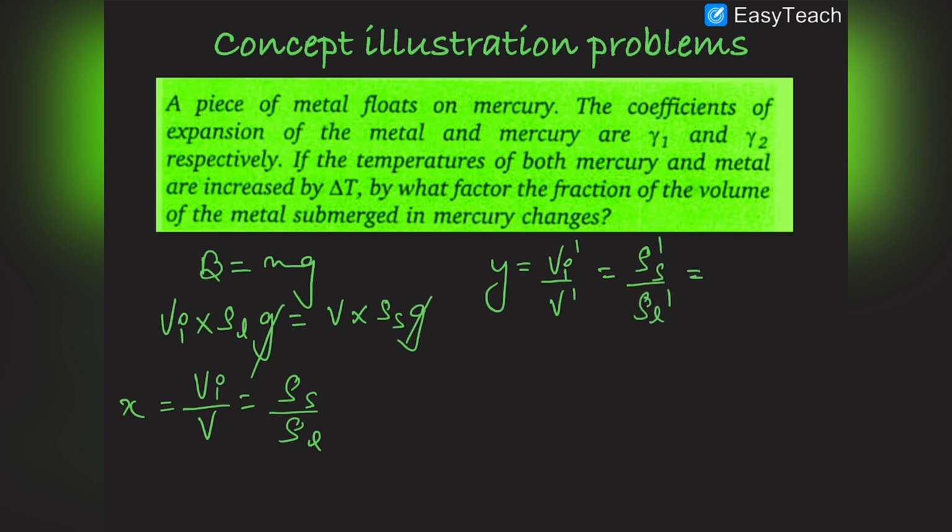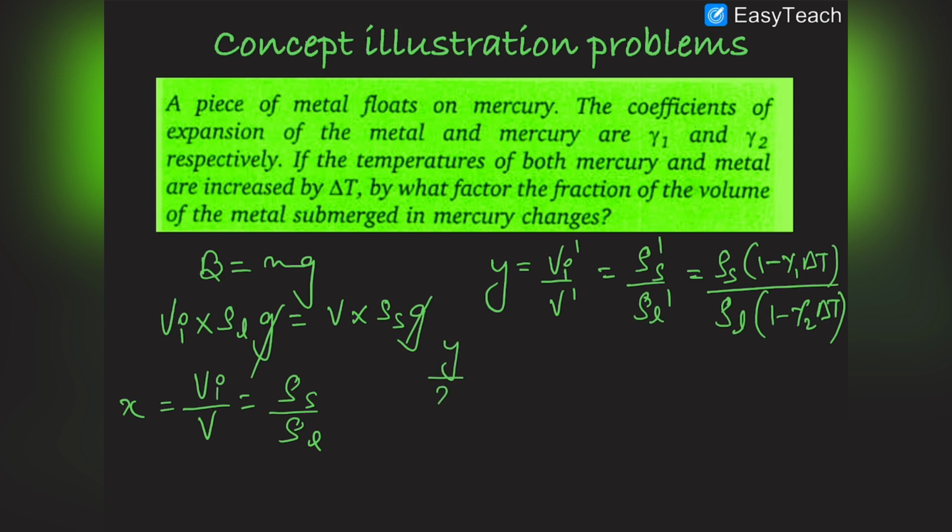Now rho s dash will be rho s into 1 minus gamma 1 delta T, since the solid has a coefficient of volumetric expansion gamma 1, divided by rho L into 1 minus gamma 2 delta T. So this is the fraction, and we have to find the factor by which this fraction changes.